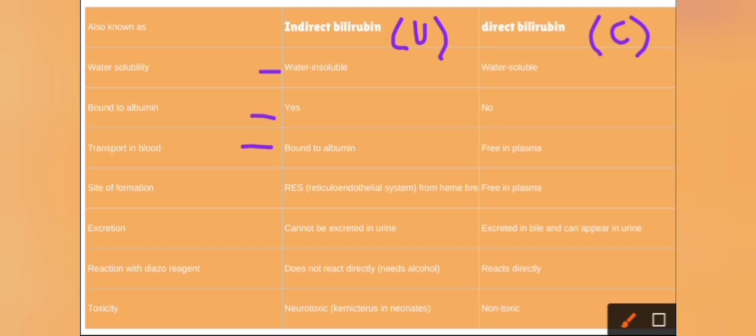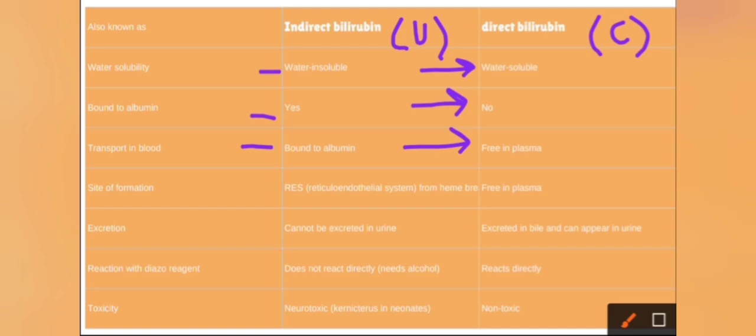Now about the direct bilirubin. The direct bilirubin or conjugated bilirubin is formed after the process of conjugation, in the liver. After conjugation, the unconjugated bilirubin, which is water insoluble, gets converted into a water soluble compound. So the conjugated bilirubin is water soluble. As it is water soluble, it doesn't need any protein or transporter to transport it in blood, so it is not bound to albumin, and it is transported freely in blood.